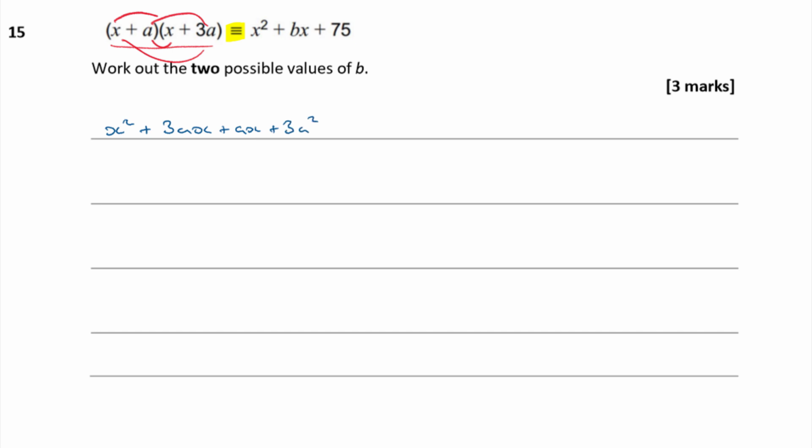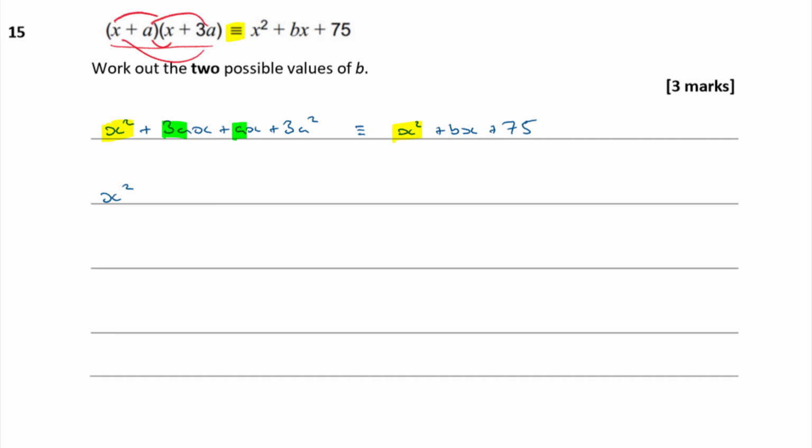Okay, now that is all equal to what's on the right hand side. I've not quite finished simplifying the left hand side yet though. I've got a term in x squared here which matches that one. Let me write that down again. Next I've got 3ax and ax.